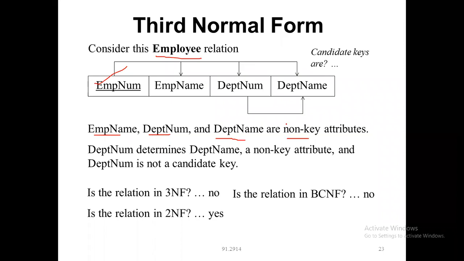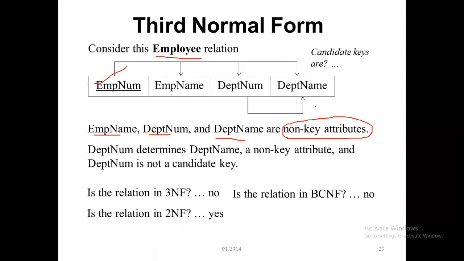These are all our non-key attributes because we don't have any underline. That means non-key in the sense it can be duplicate. So name can be duplicate, department number can be duplicate, department name can be duplicate, but employee number cannot be duplicate.